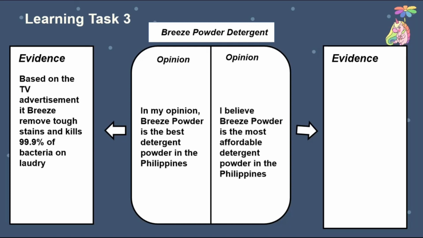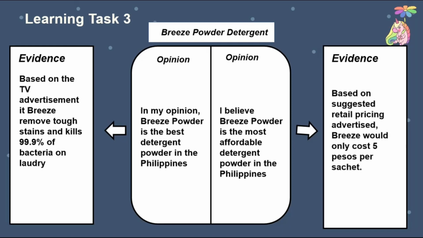Second opinion, I believe Breeze powder is the most affordable detergent powder in the Philippines. Evidence to prove that opinion would be based on the suggested retail pricing advertised, Breeze would only cost 5 pesos per sachet.